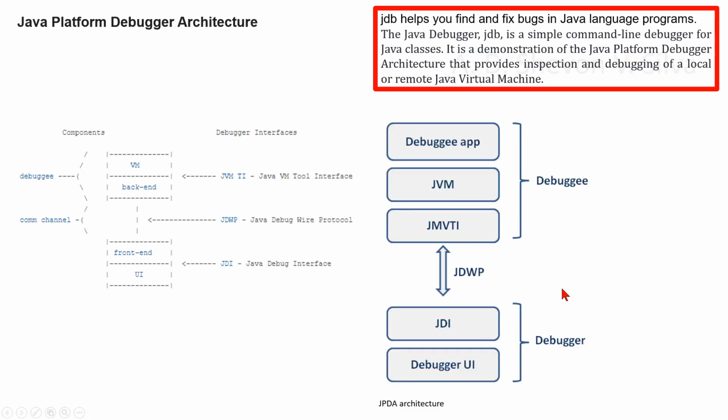Here you can see the JPDA architecture, the Java Platform Debugger Architecture. The Java Platform Debugger Architecture, JPDA, is a collection of APIs to debug Java code.